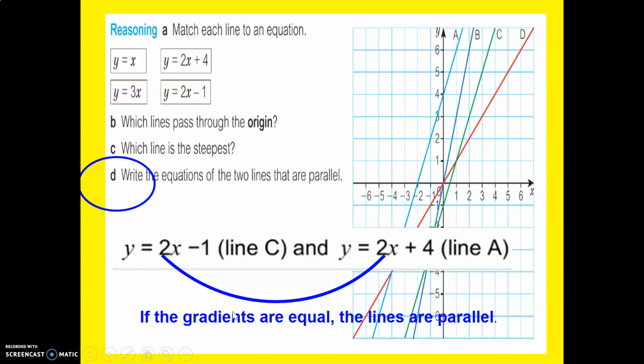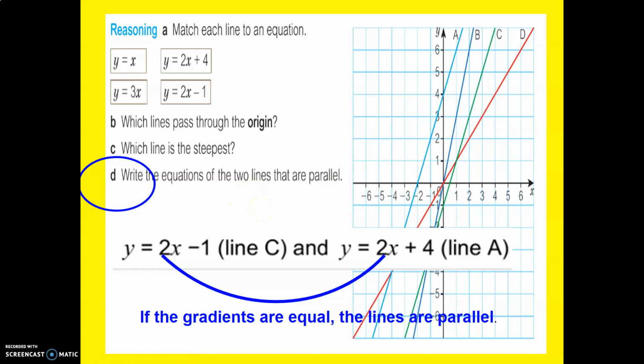Last question. Write the equations of the two lines that are parallel. As you can see, line A is parallel to line C. Solving it graphically.